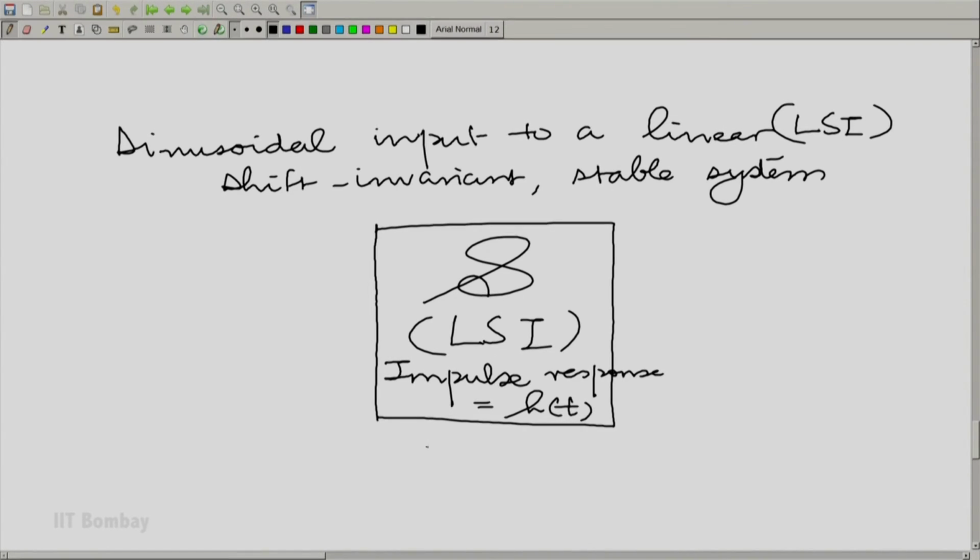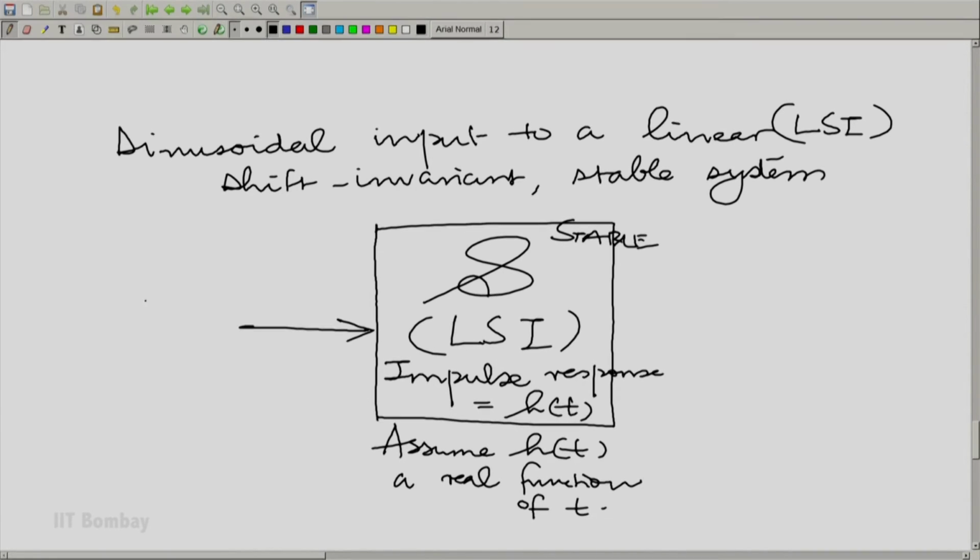Assume h(t) is real and S is stable. We will see how it plays a role. So, I have here the input 2A cos(omega t + phi) being given to the system, and we question what is the output.